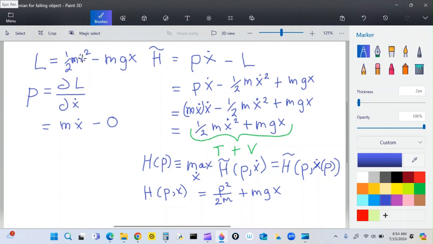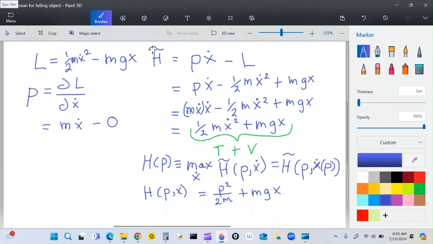So 1/2 mv squared minus mgh. That happens to be our potential energy for a falling object, with g being the gravitational acceleration, as you're on Earth. Now, here we're going to go through a couple other things.